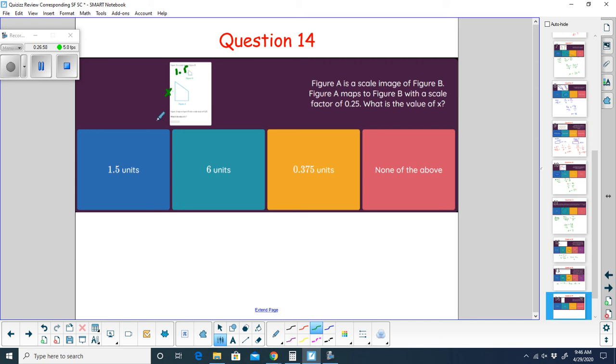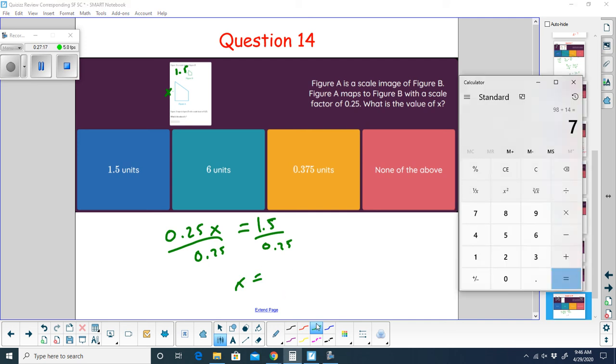So I'm going to write it as 0.25 times x, which gives me 1.5, right? Well, if I divide both sides by 0.25, I'm going to get x is equal to, I'm going to do it with a calculator, but I'll show you, you don't have to do it with a calculator. 1.5 divided by 0.25, you're going to get 6.